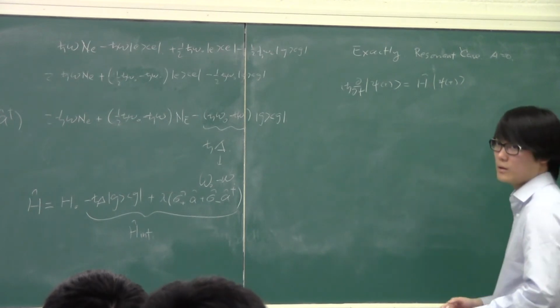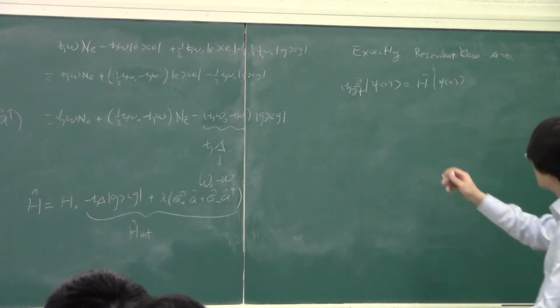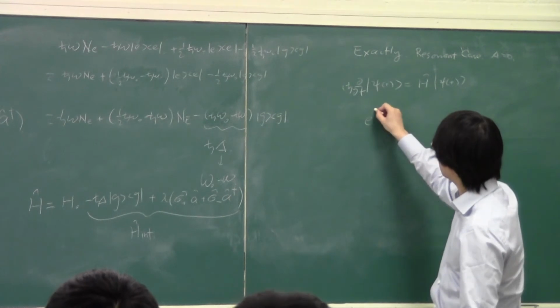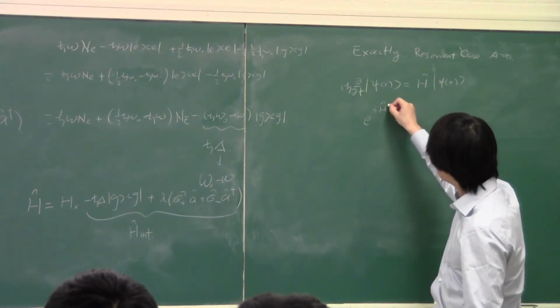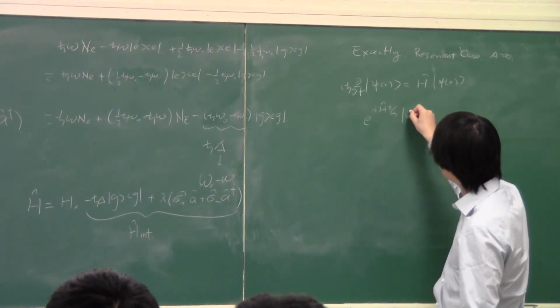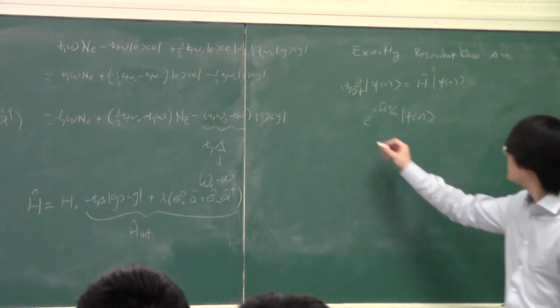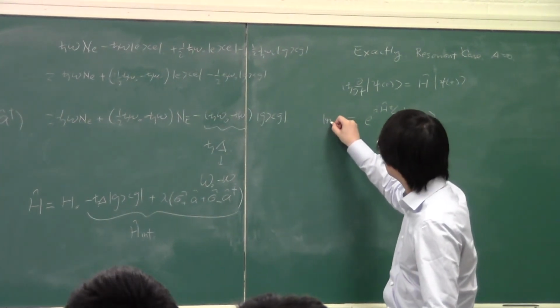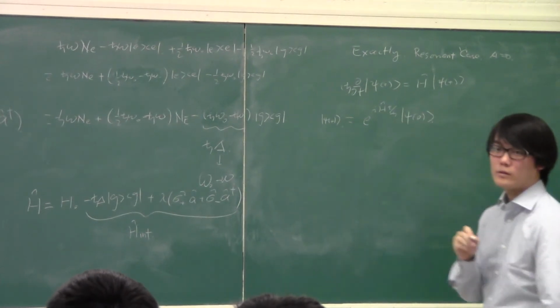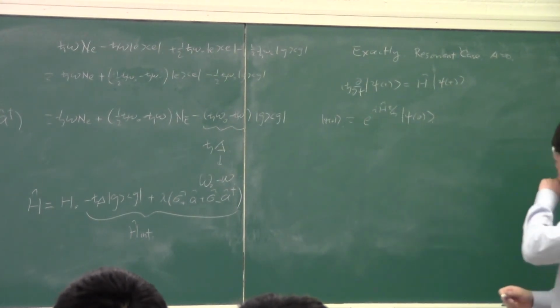That's the Schrodinger case. Okay, and now I can formally write e to the i, H t, as the time evolution.